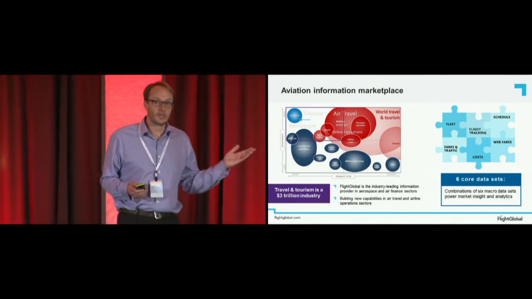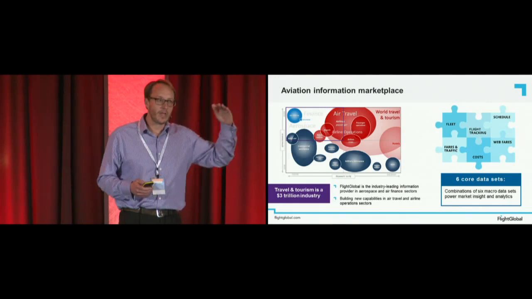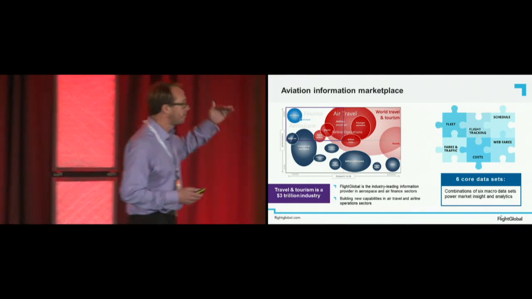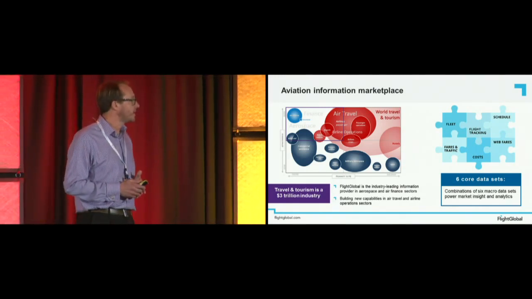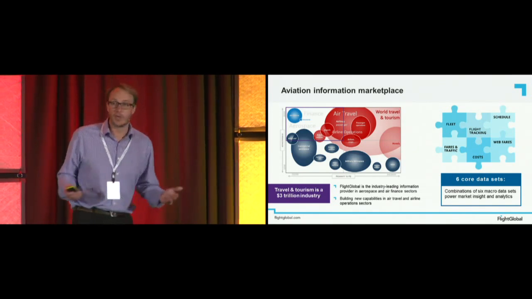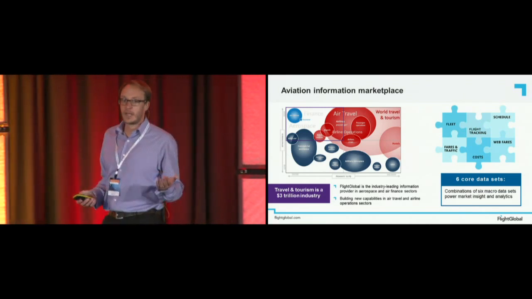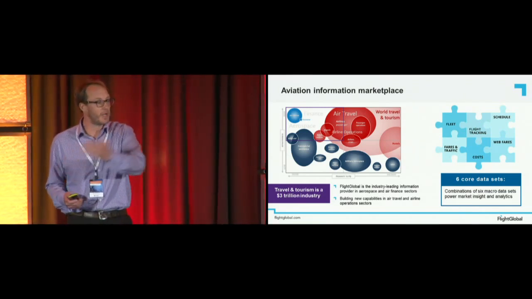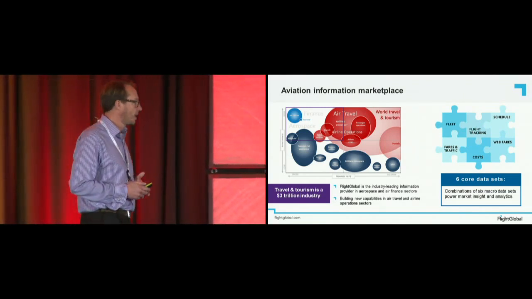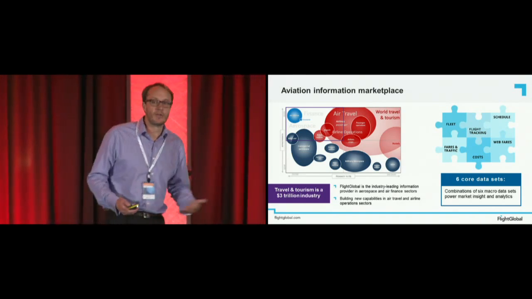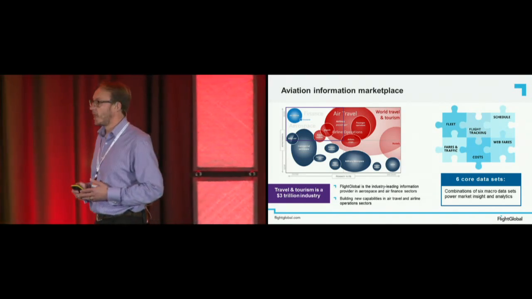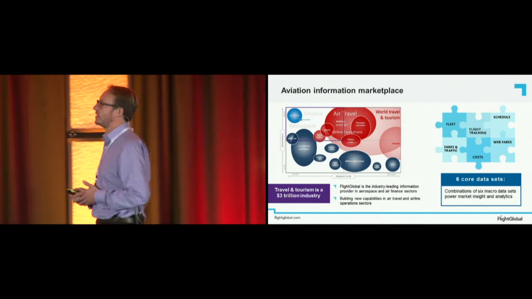There's the fleet information, which is information on a tail number by tail number basis. You've got the schedule, which is what the airlines say they're going to fly. Then you've got flight tracking, the positional and status information that various companies track. Fares and traffic is around demand and what's going through the booking and reservation systems.